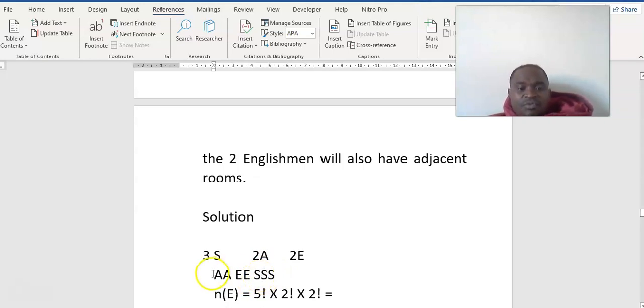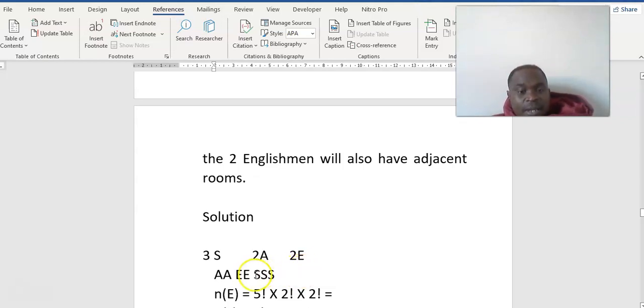A South African can be in front, and the 2 Australians and 2 Englishmen can be together, and the rest will follow. Or 2 South Africans can be in front, and the Australians, Englishmen will follow, and the rest will follow.